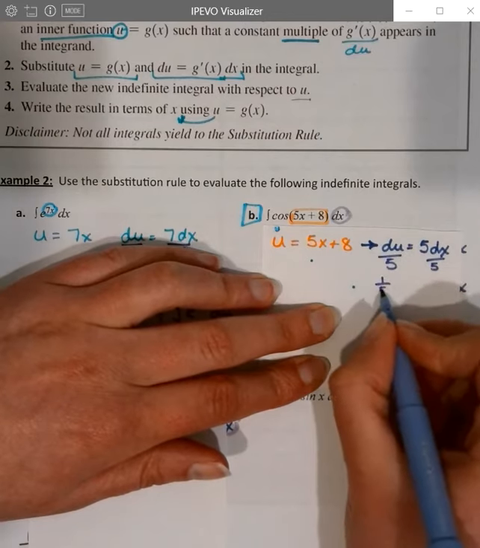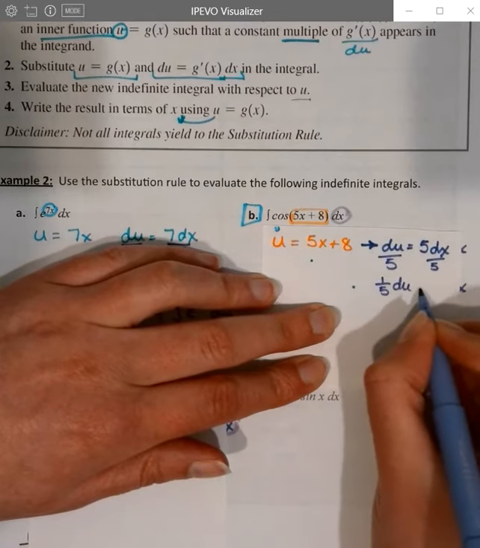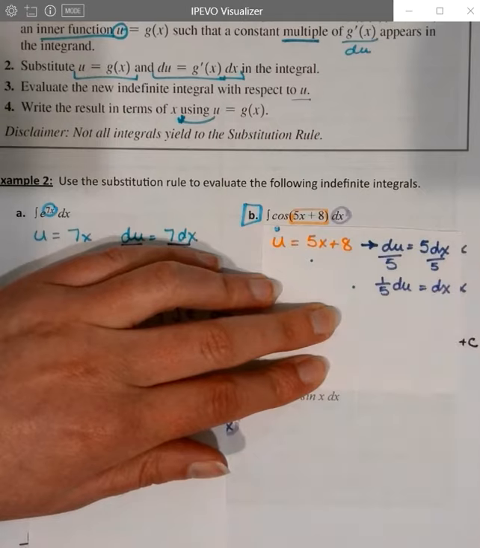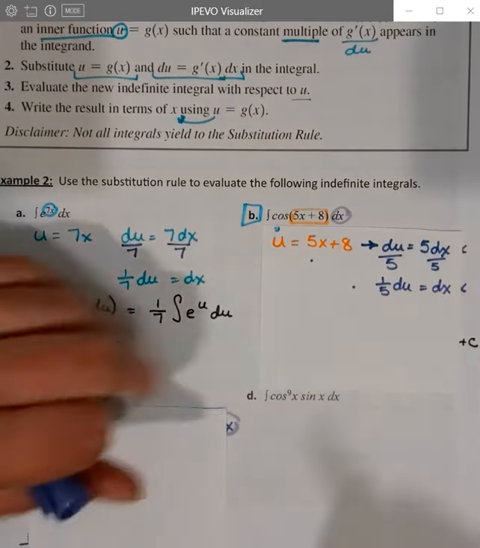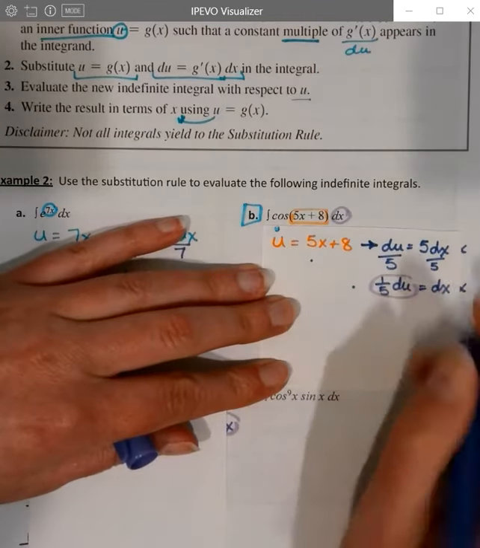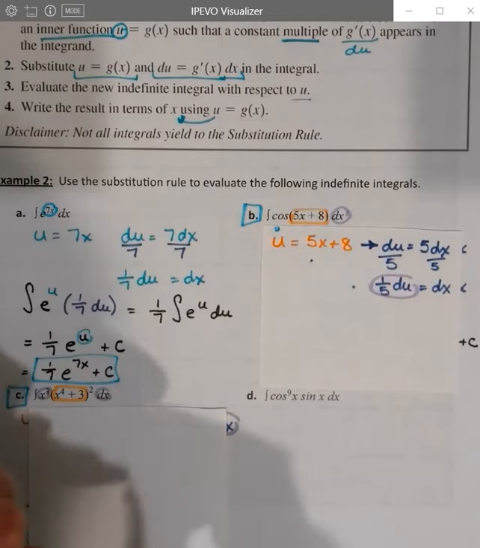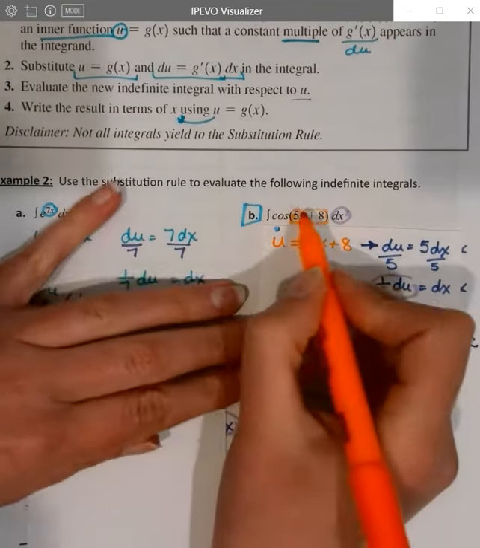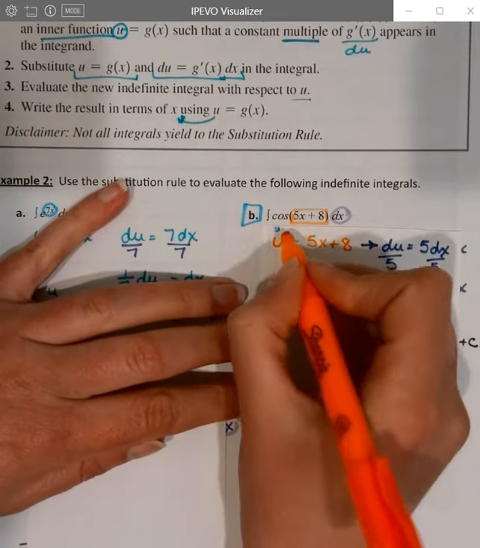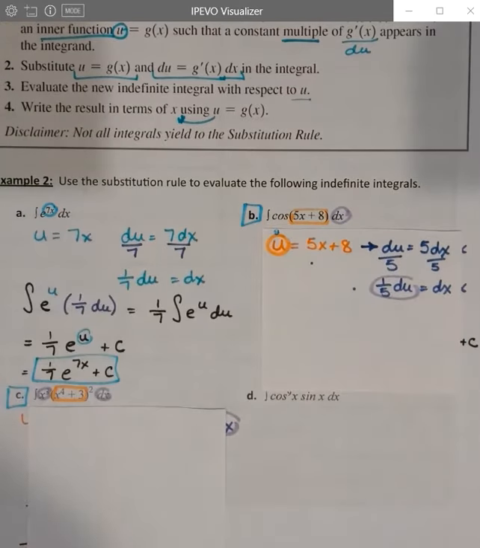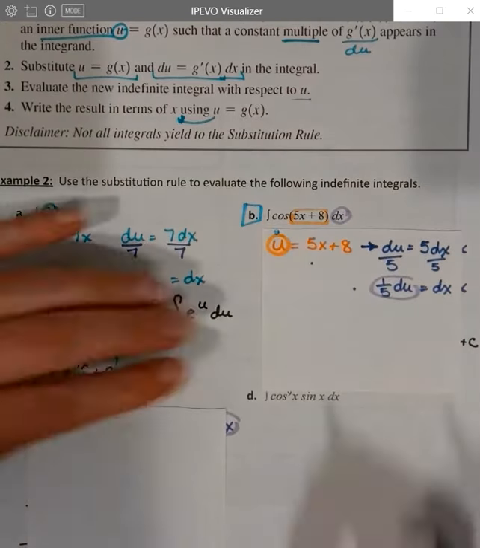So I'm going to take 1/5 du equals dx, and now I know that I'm able to replace dx with 1/5 of du, and we can replace the 5x plus 8 with u. So we're going to make those two changes as we substitute.